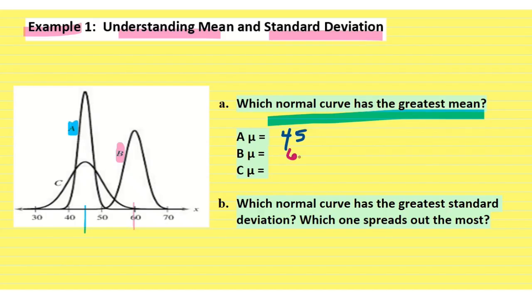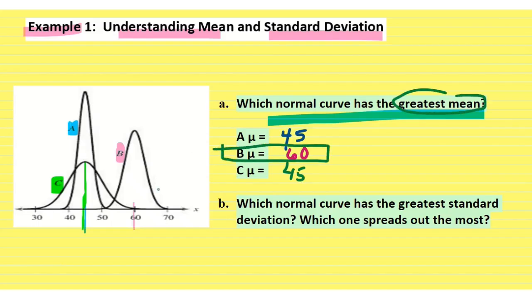The mean of curve B is 60. And then we have the third curve C, and the middle of it is also at 45. But the question is, which normal curve has the greatest mean? Well, that would be curve B. Curve B has a mean of 60.